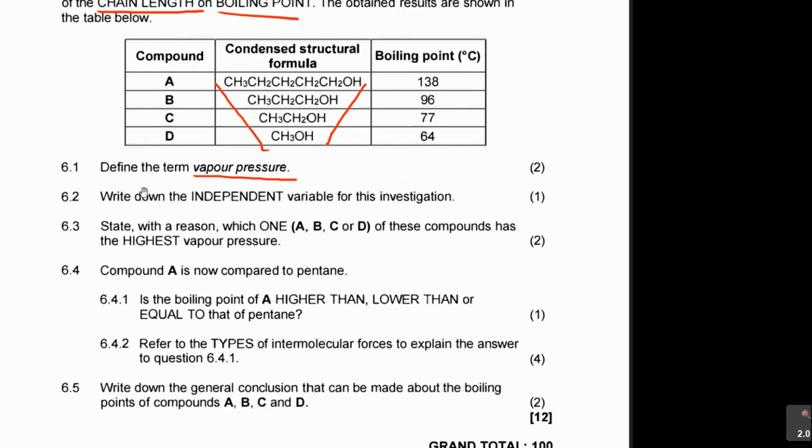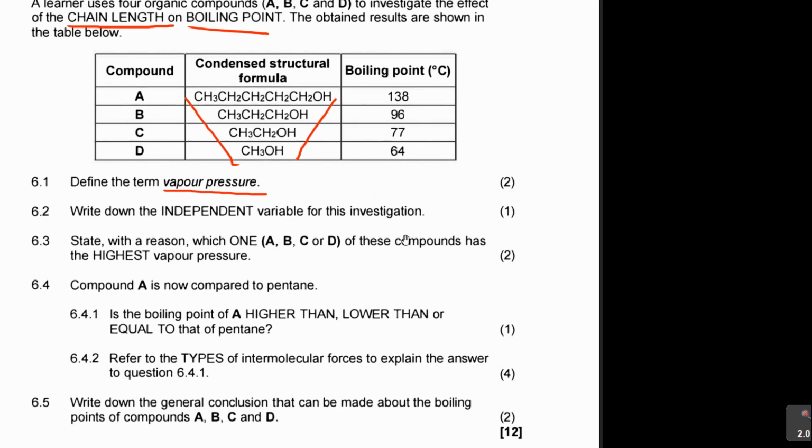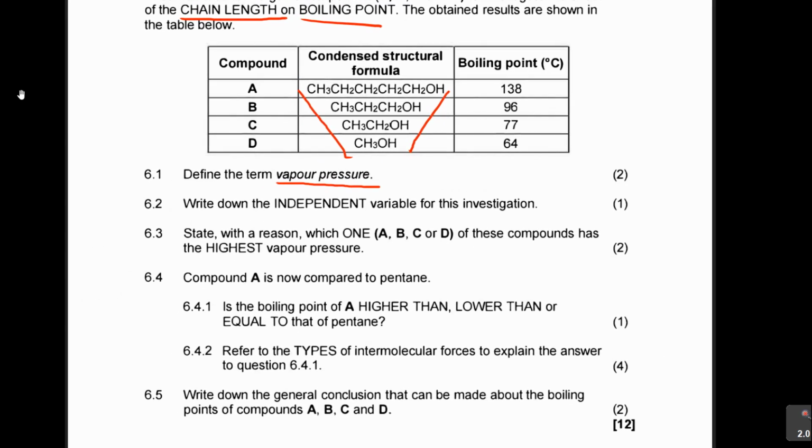They are saying, write down the independent variable in this investigation. Look, the independent is what we are changing, what we are adjusting. Here you ask yourself, what are we changing or adjusting?